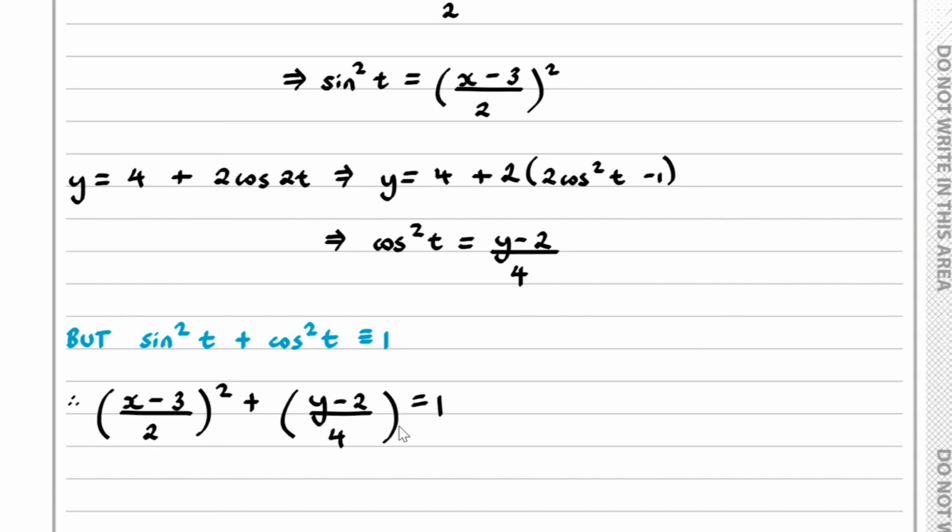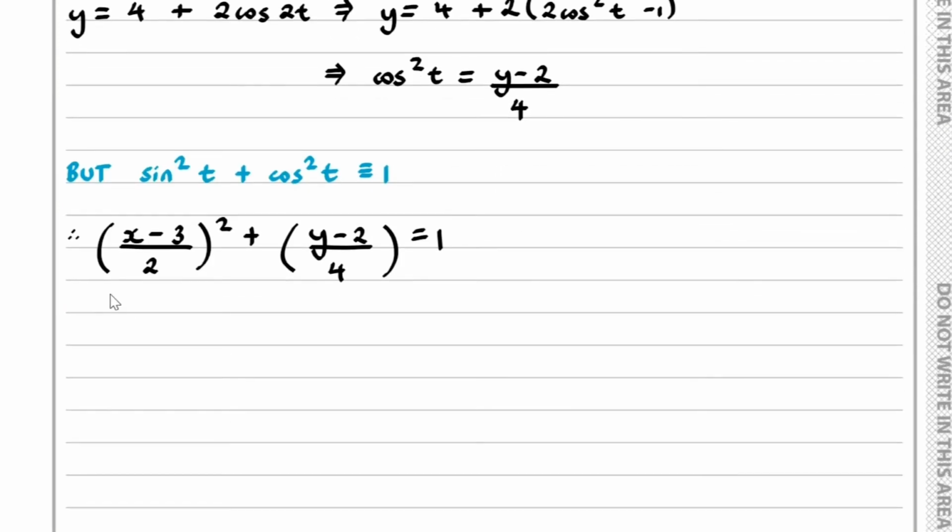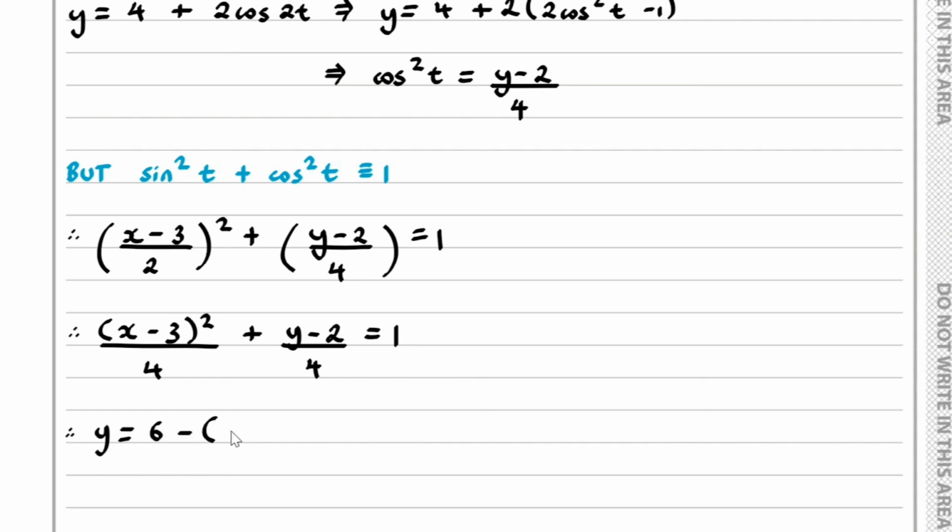This is equal to 1. So I've got x minus 3 squared over 4 plus y subtract 2 over 4 equals 1, multiplied through by 4, and then rearrange for y. We can see then that y is equal to 6 subtract x minus 3 all squared. And that's exactly what I wanted to show.